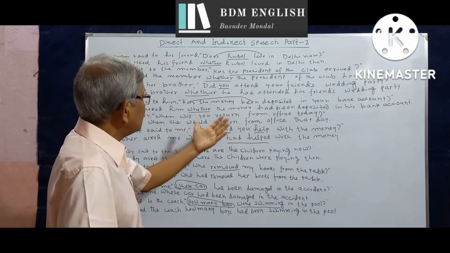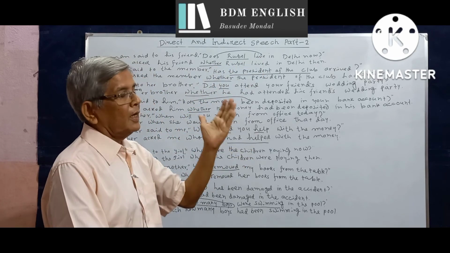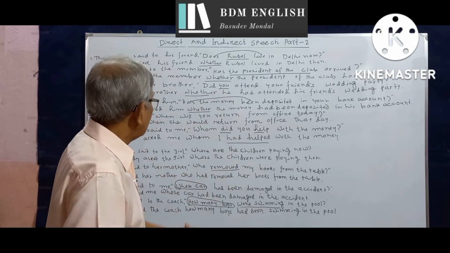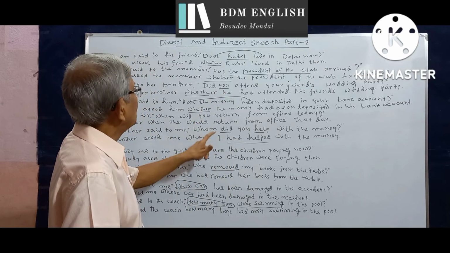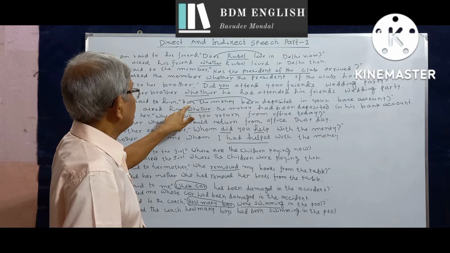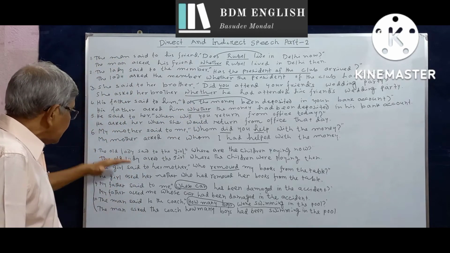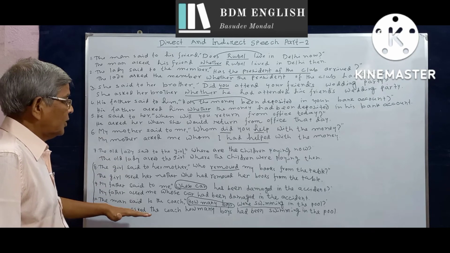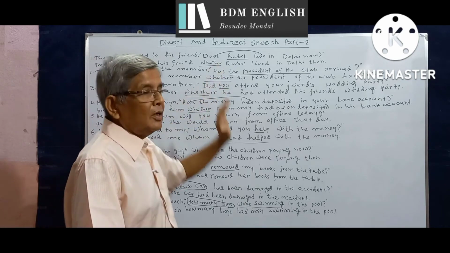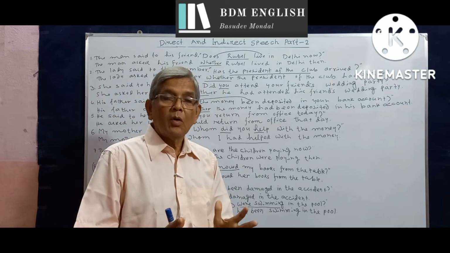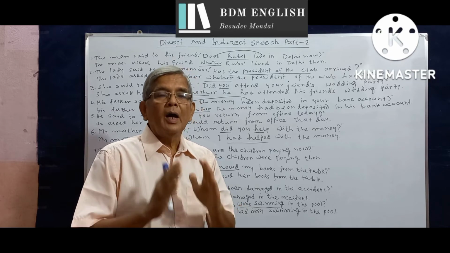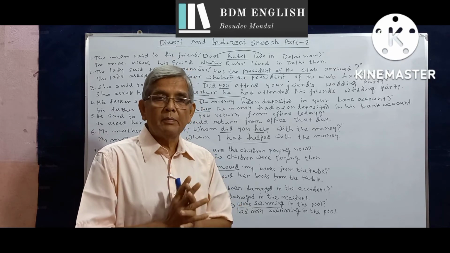If there is another helping verb, or there are 2 other helping verbs, we place the subject only after the first helping verb. But in such sentences, there is no such noun phrase or pronoun after any helping verb.